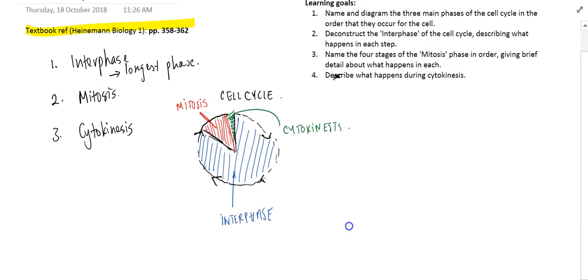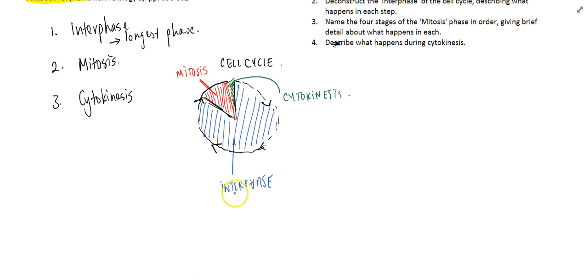Okay, so what happens in each of these phases? Let's start with interphase. What happens in interphase? Now, interphase can be broken up into 3 subphases. And the 3 subphases are G1, S, and G2. G1 we call gap 1.